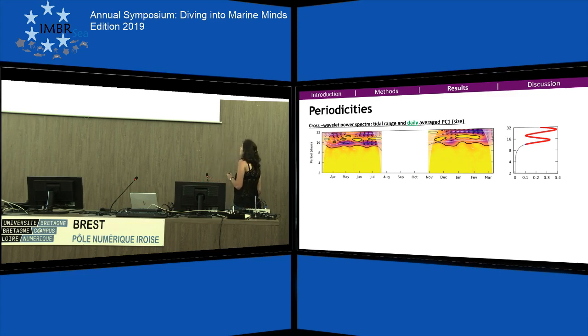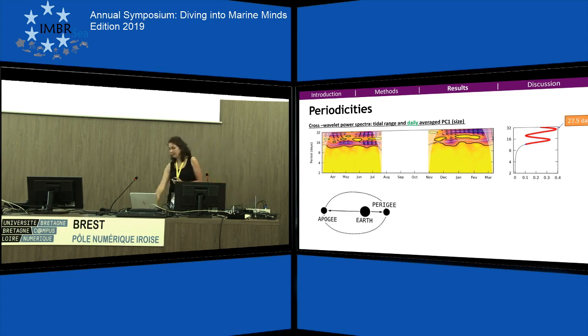It goes with the right graph, which is the average power, and which really allows you to see where the main peaks of periodicities are, where the periodicity is the most important all year long. So we can see that there is one peak at 27.5 days, and that this peak is present almost all year long, except in November and in May.